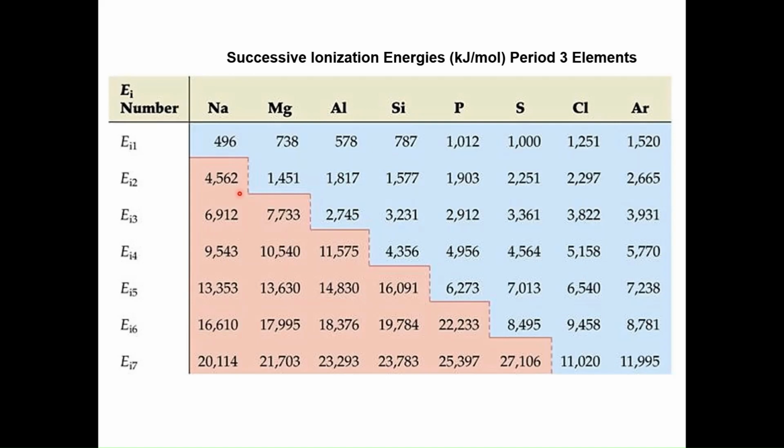By losing the only electron it had in the third energy level, it is left with a filled second energy level, which is incredibly stable.